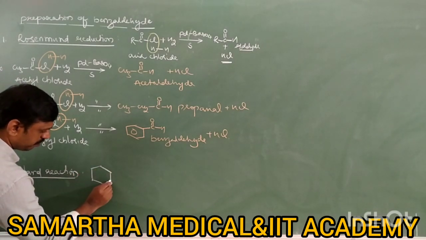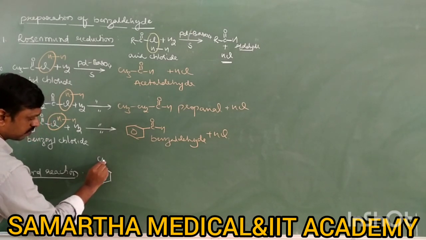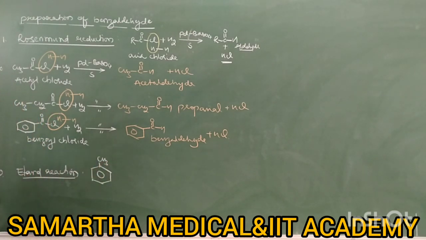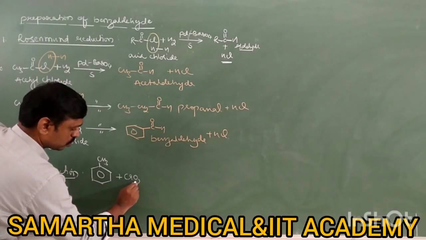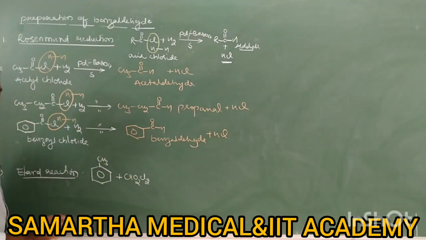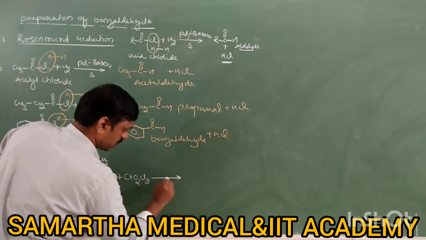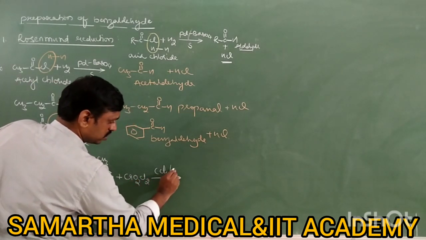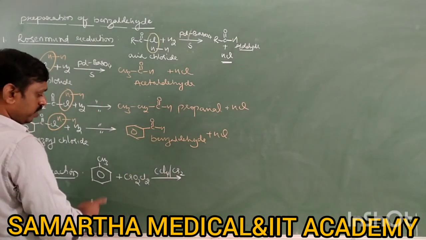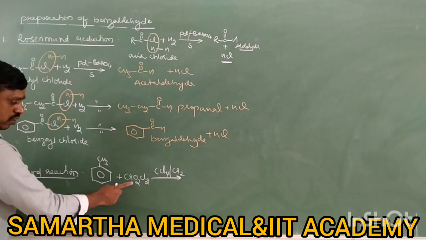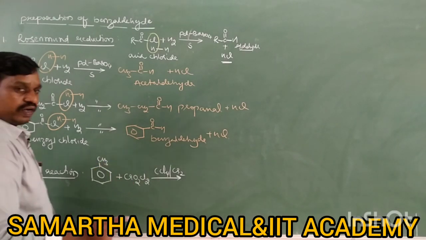Toluene is treated with chromyl chloride CrO2Cl2 in presence of carbon tetrachloride or CS2. Both are inert solvents. In the presence of inert solvent, toluene treated with chromyl chloride gives an intermediate.